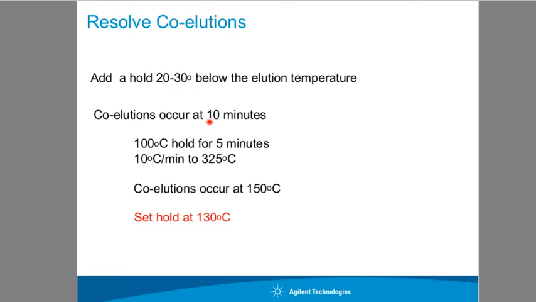So my coelutions occurred at 10 minutes, which is great, seeing that my first peak didn't even come out till 9 minutes, so I've really pushed the back end of my run up quite a bit. According to my last oven program, my coelutions occur near 150 degrees, so I'm going to set a hold 20 degrees below that at 130.